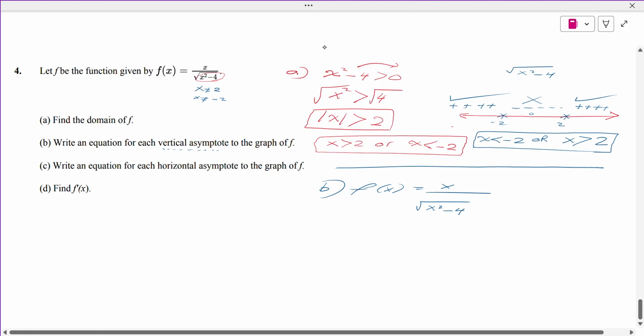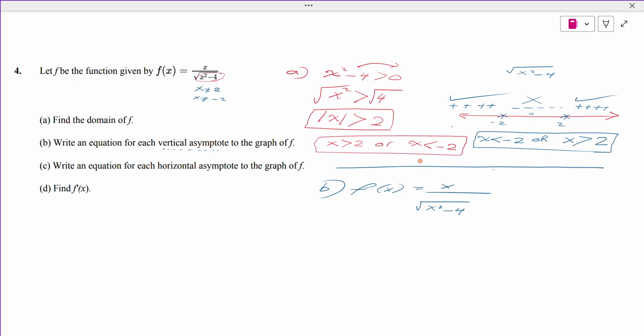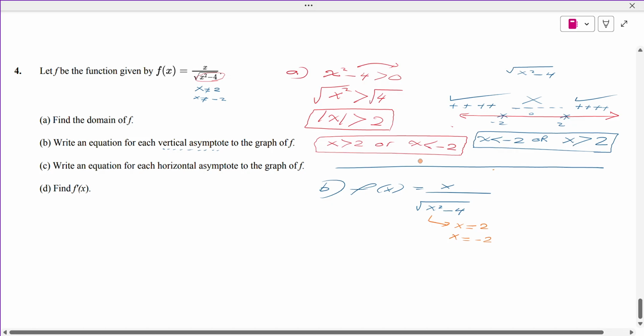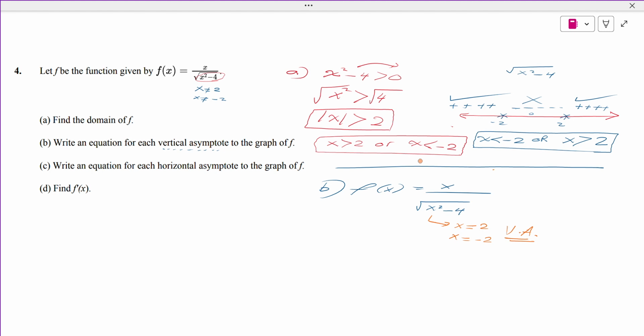What makes the denominator 0? We have x equals 2 and x equals minus 2. Those are the vertical asymptotes. So there are two vertical asymptotes, at x equals 2 and x equals minus 2, because they make the denominator 0.